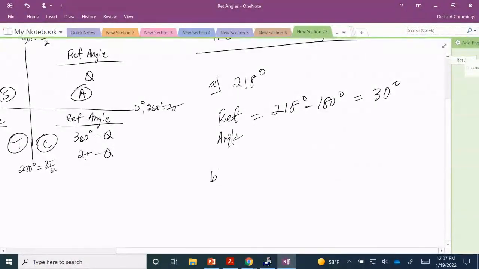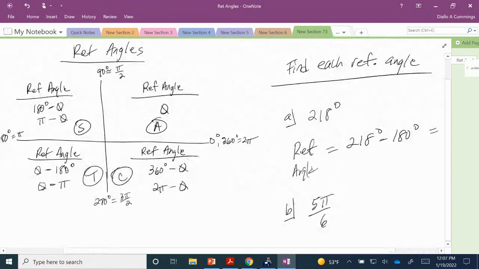All right, so let's find a reference angle for B, 5 pi over 6. And now here's the thing about degrees and radians. If you're given the question in degrees or radians, you must answer in degrees or radians. So here, since I'm given a radian measure, I must answer with the radian measure.